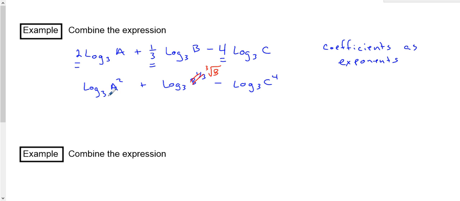Okay, now I'm going to start to combine these. Because I have addition here, these two are being multiplied, and this subtraction means I'm dividing by the c to the fourth. So I have log base 3, and I'm going to have a division here, but a squared times the cube root of b are both on the top of the fraction.